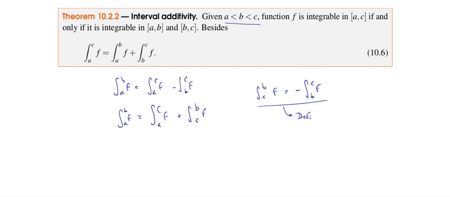We have to define this integral like that because the integral as we have seen it so far is defined in an interval, right? The closed interval BC, but the closed interval CB doesn't exist, right? Because C is greater than B, right?